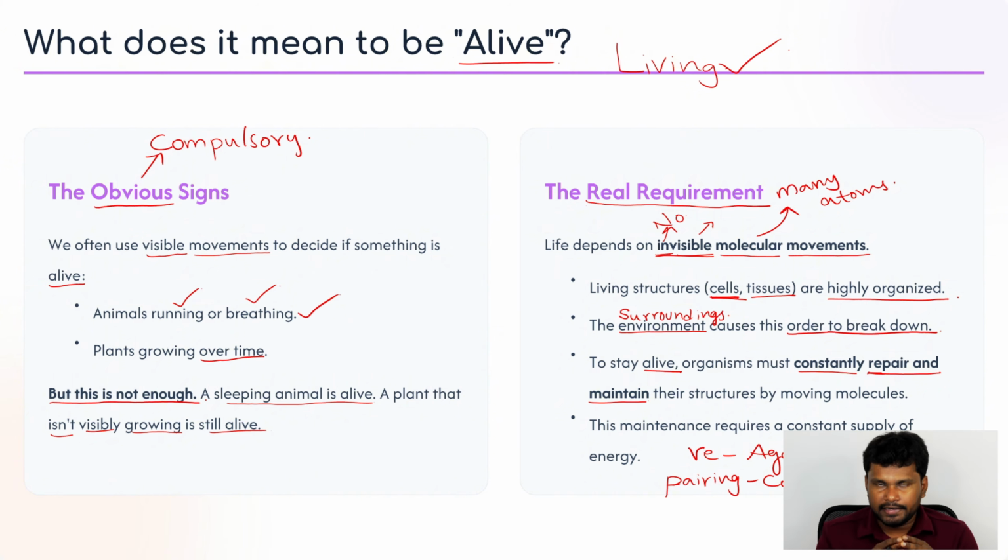Again combining. That means if I get a wound here, somehow I got injured here, what happens if that injury won't get cured? There will be an opening of flesh here, opening of my skin, and blood is exposed. My internal tissues are exposed outside, where a lot of infections will be happening because of the microbial activity there, and that will be lifelong.